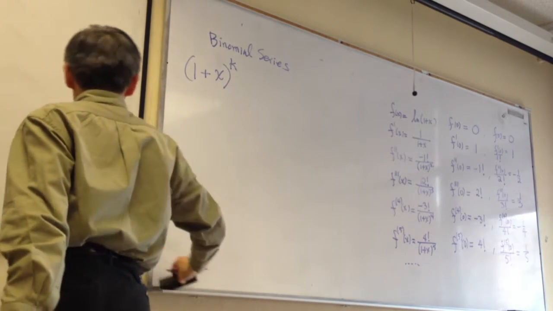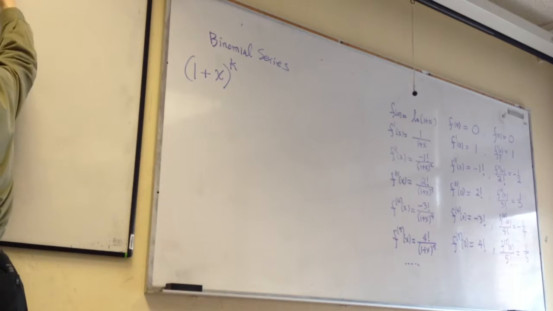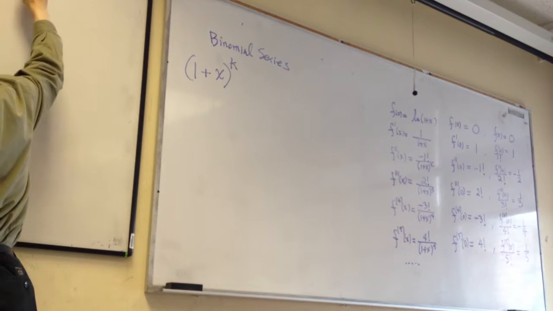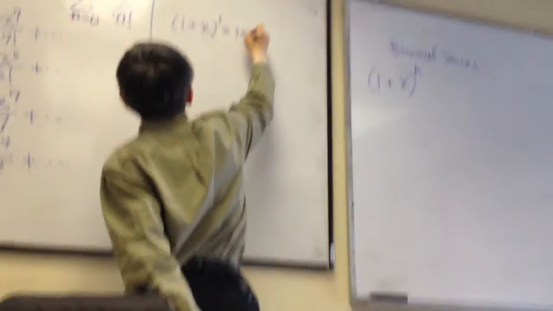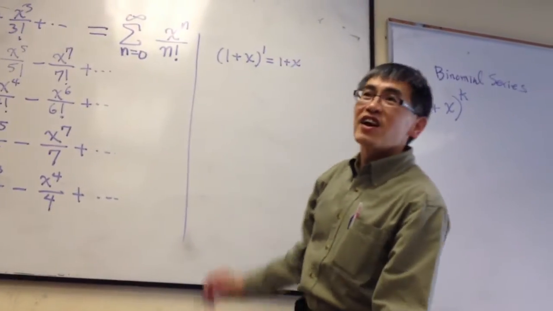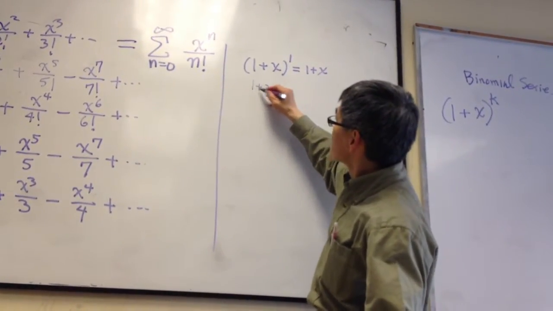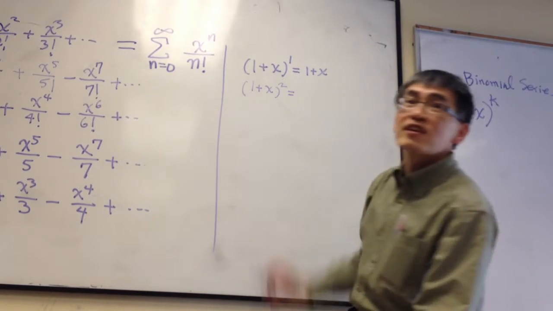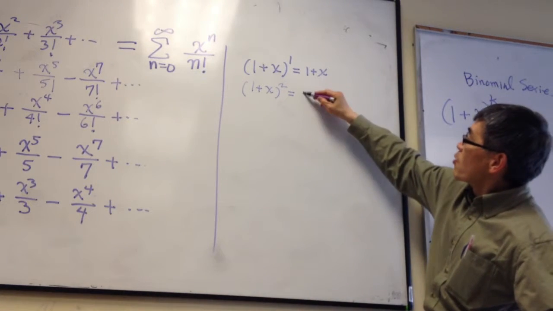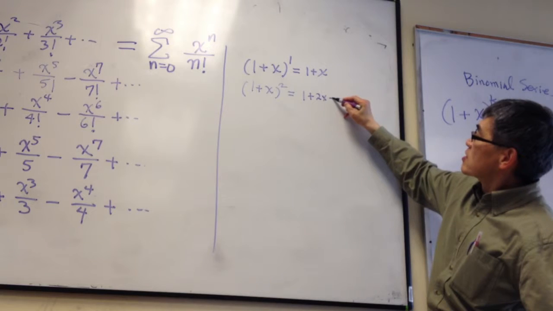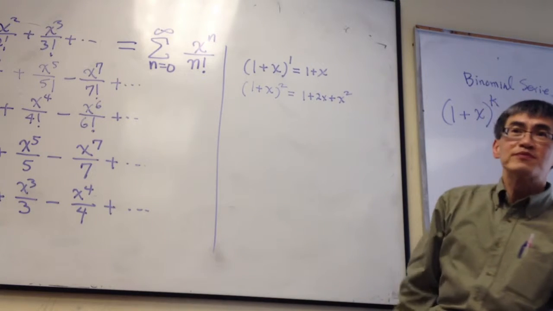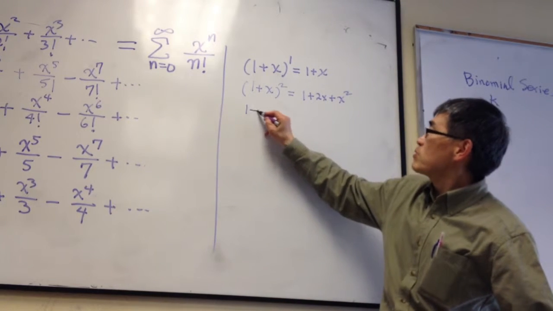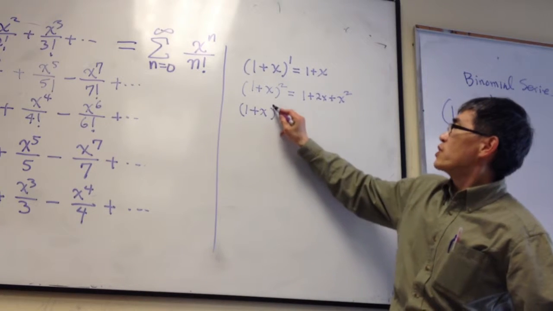Let me ask you a side question. What is 1 plus x to the first power? That's 1 plus x, right? What is 1 plus x to the second power? 1 plus 2x plus x squared. What is 1 plus x to the third power?